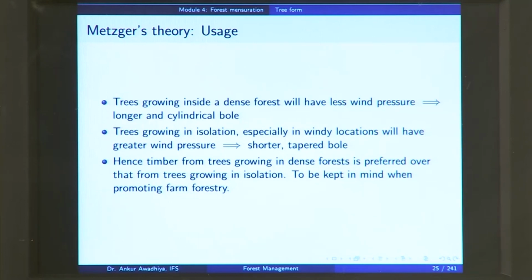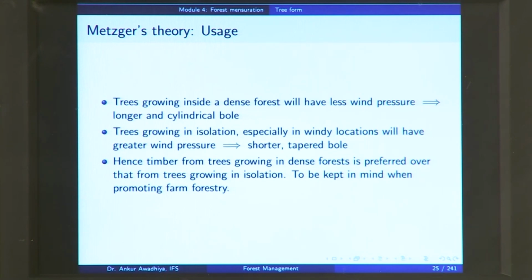Now, how do we make use of this theory? Some practical applications are, for a tree that is growing inside a dense forest, you will have less pressure, and so you will have a longer and cylindrical bole, because the amount of wind pressure is less. So, there is a lesser difference between the bending stress at the bottom and the bending stress at the top.